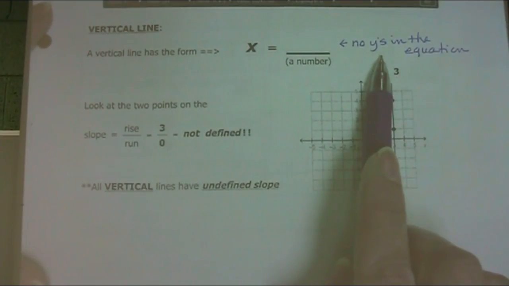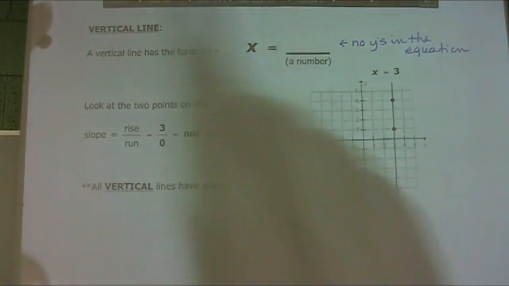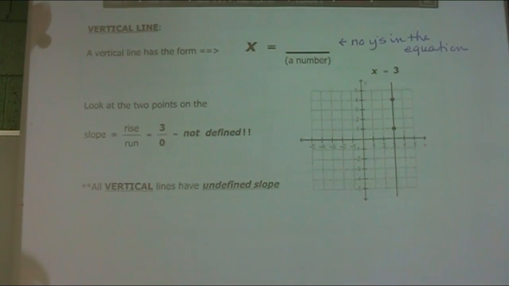And the slope of all vertical lines is undefined. All right? So these are actually easier because you can just know the slope by looking at them. But you've got to remember which one is which and what is the slope of that particular type of line. Horizontal lines have 0 slope, and vertical lines have undefined slope.